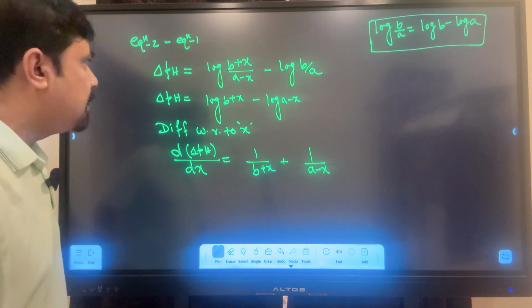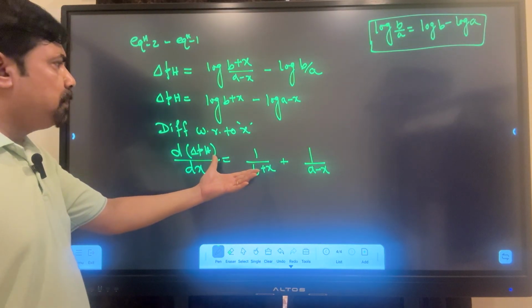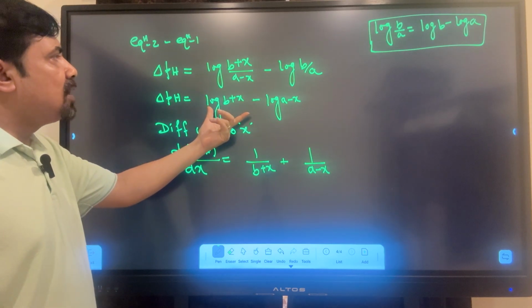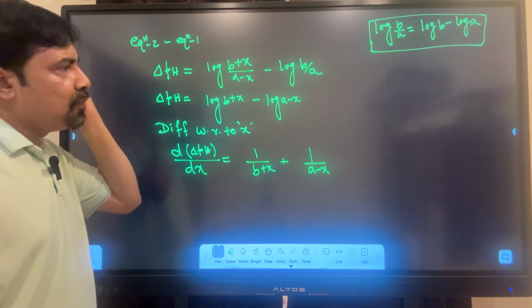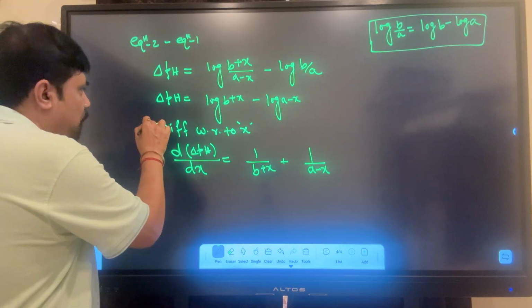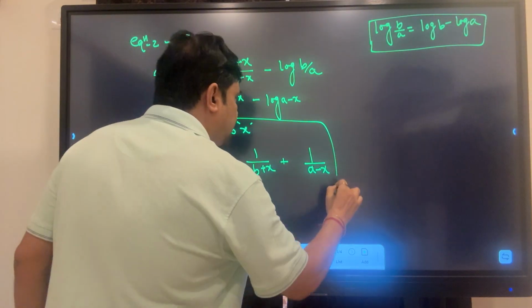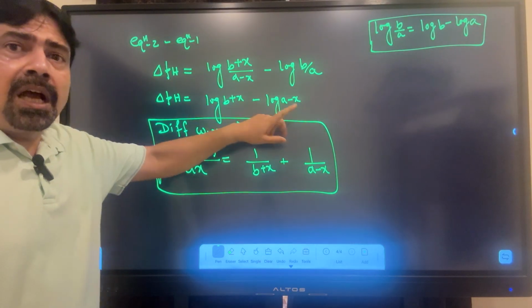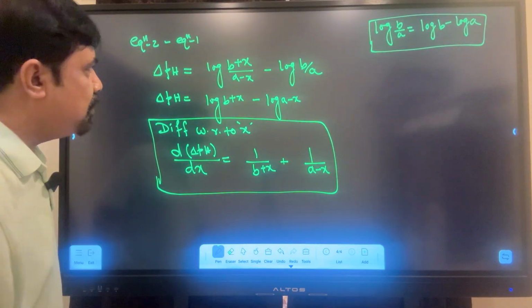Now, this is one way of proceeding. Another way we can proceed is to convert log in terms of ln. I can change the log into ln. How will I change from this step?